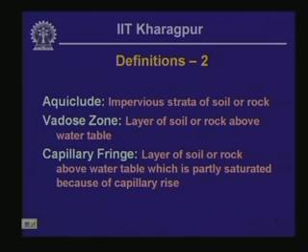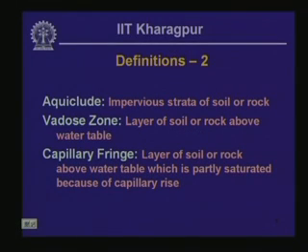More definitions. Definition of aquiclude. An aquiclude is essentially an impervious stratum of soil or rock through which no groundwater flow can take place to any practical extent.